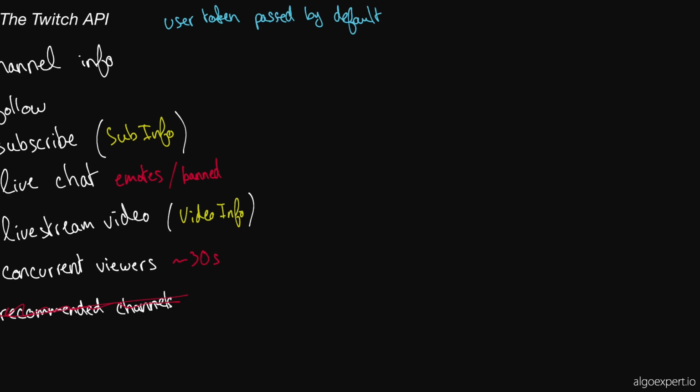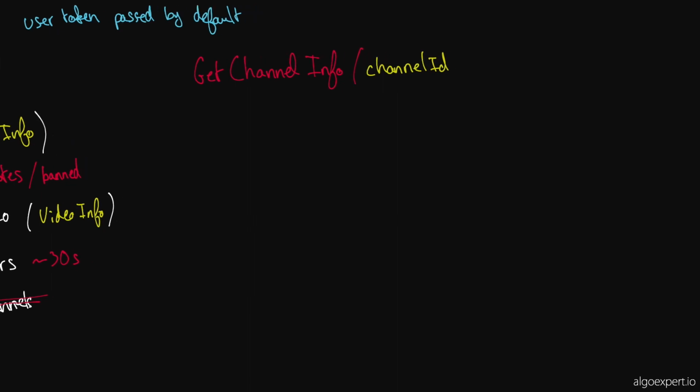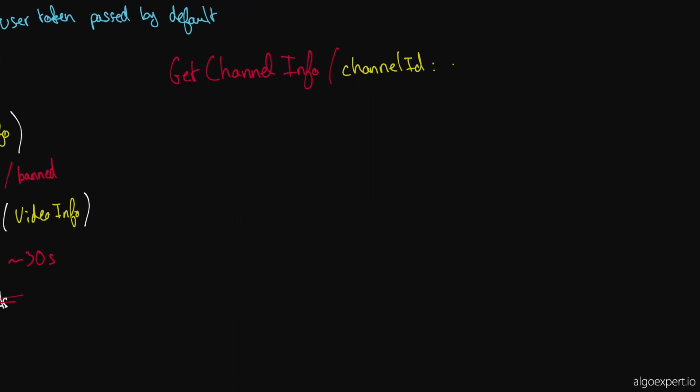So we'll call this get channel info, and this is going to take in a channel ID. We'll put the parameters in yellow. So we'll put channel ID. This is exactly what I just talked about with the Ninja example. This is going to be a string, and this endpoint is going to return an entity called channel info.